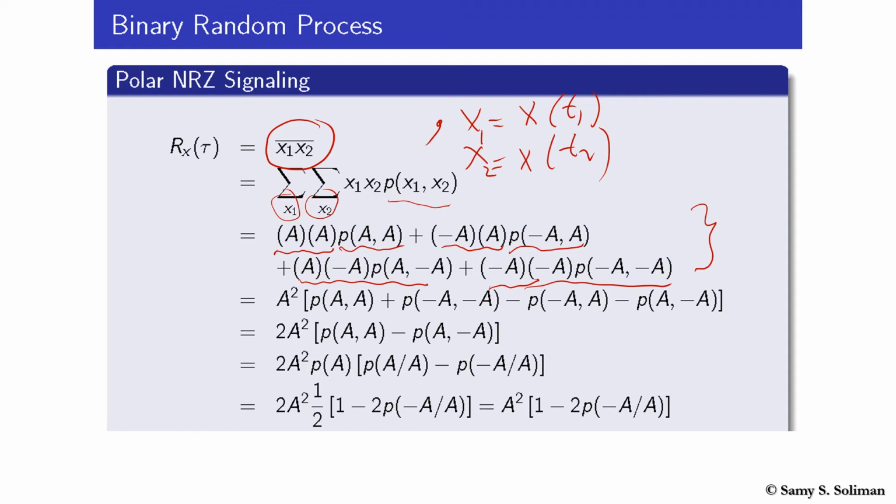Of course, in continuous random process or in analog random process in which the amplitude can take any value from an infinite set of values, our calculation of the autocorrelation function was via integration.